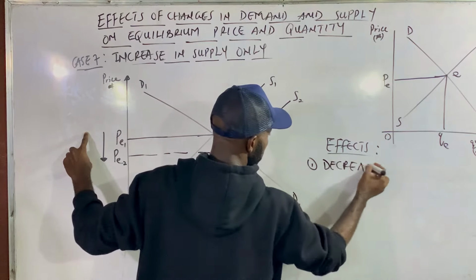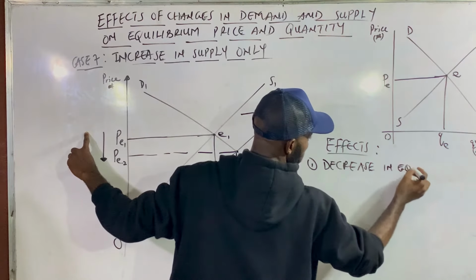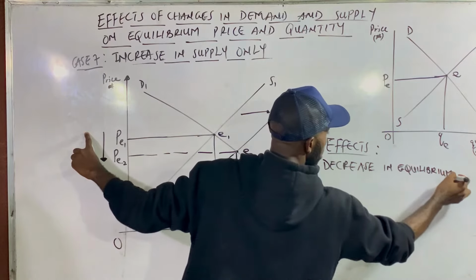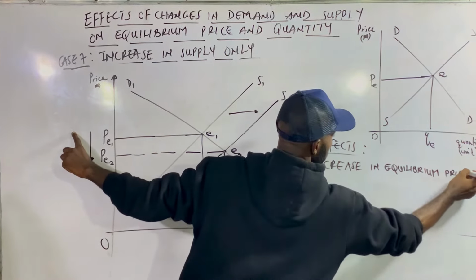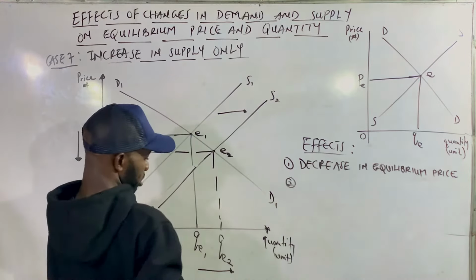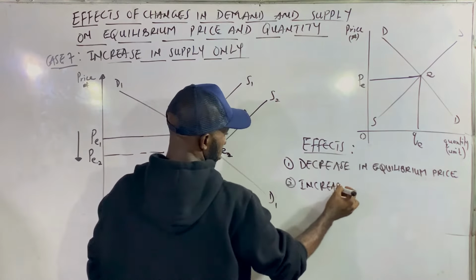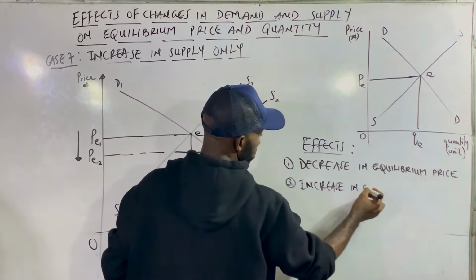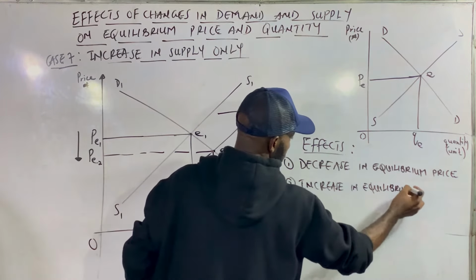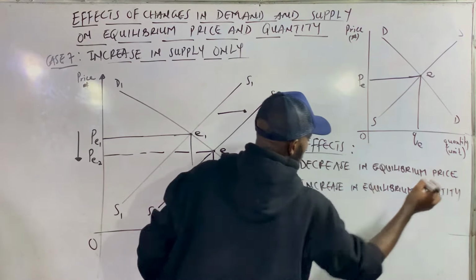The effect of this will be a decrease in equilibrium price, and then an increase in equilibrium quantity.